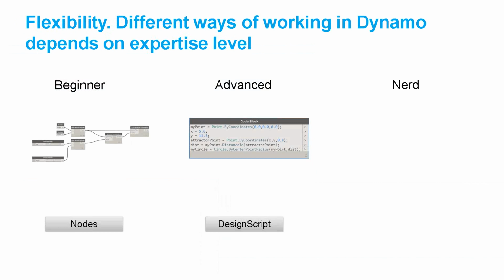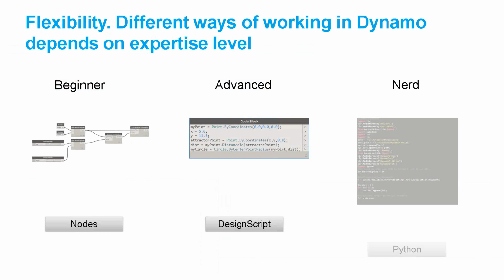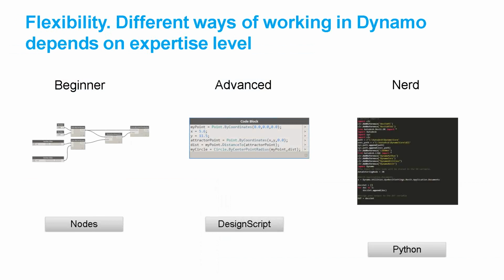If you're more advanced and your code becomes a little more complex, then Dynamo also allows you to create this kind of design script code, but you don't have to do that. And then the third, if you become really a nerd expert, you can also use the Python language within Dynamo.